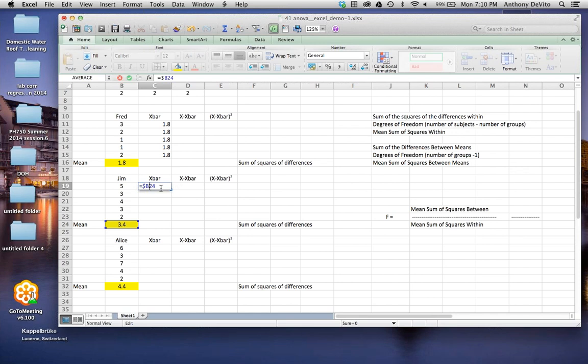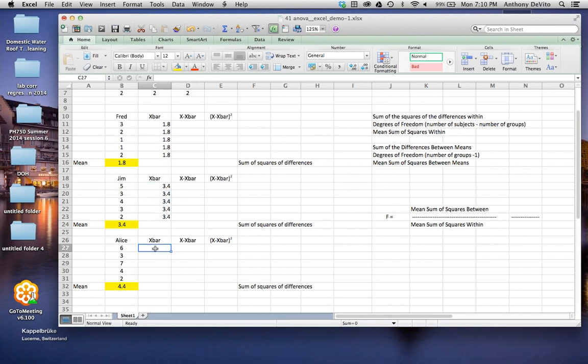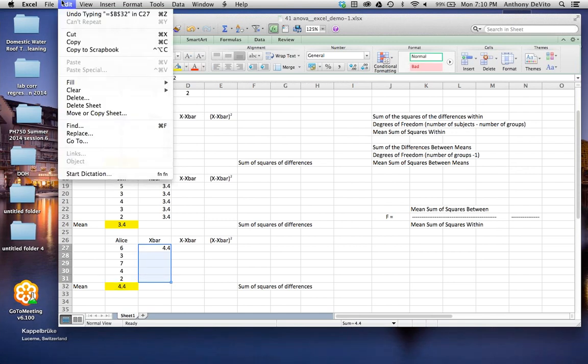In other words, I'm using absolute addressing rather than relative addressing, so I can get that 3.4 to copy down. I could also just type in that 3.4 if I wanted to, but this way it's less likely to make an error since I don't have to transpose or round or anything like that. And I'll copy this down.